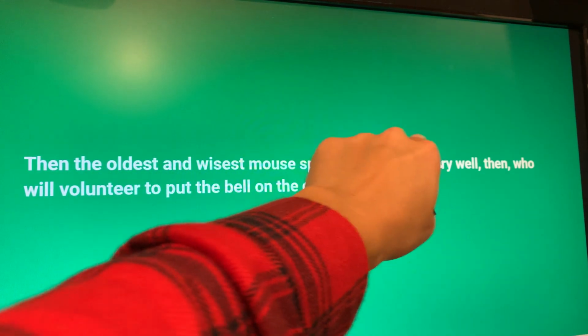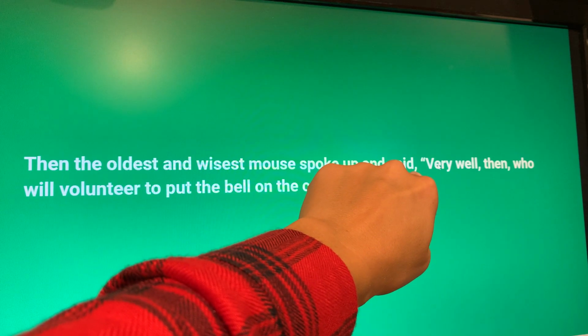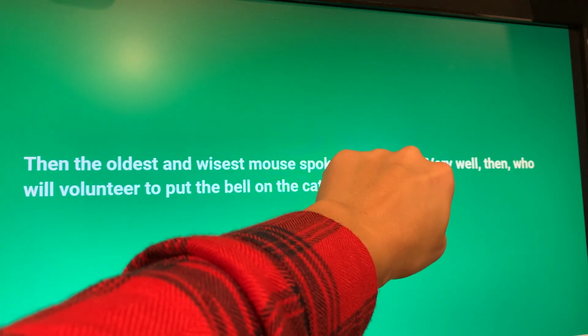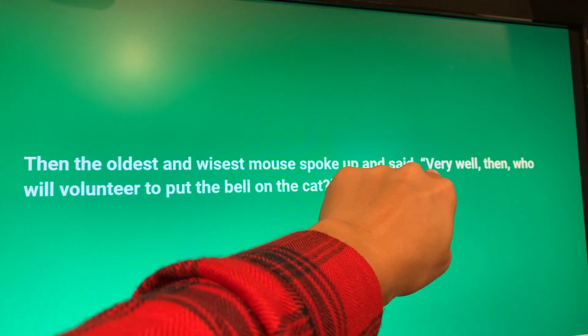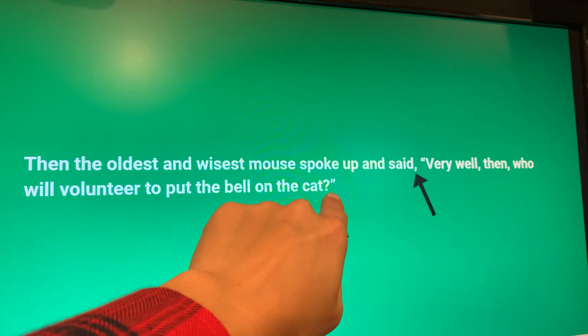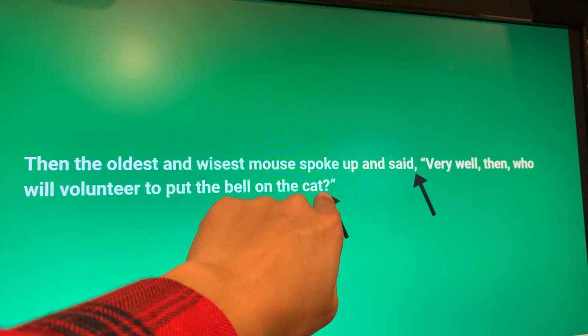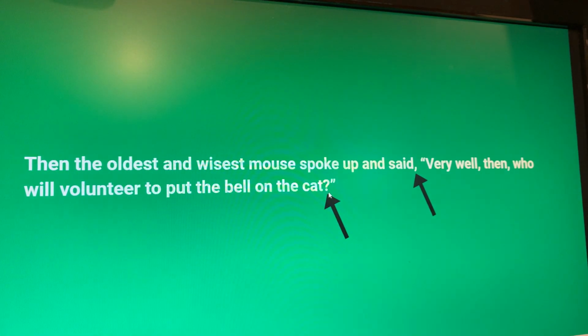Before the quote begins over here, you have a comma. Then you begin your quote. You've got a capitalized letter to begin the quote, like the beginning of their sentence. And you've got your quotation mark inside the quote at the end. Underline wisest, who, volunteer, bell, cat.